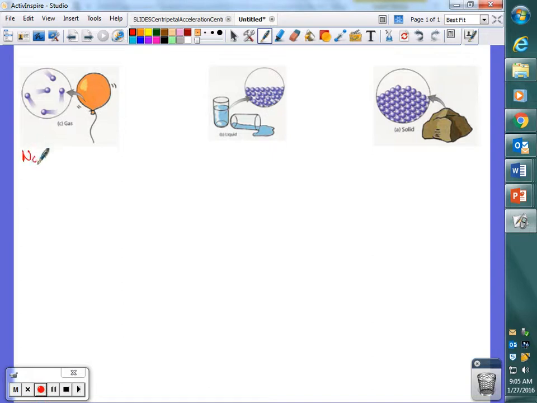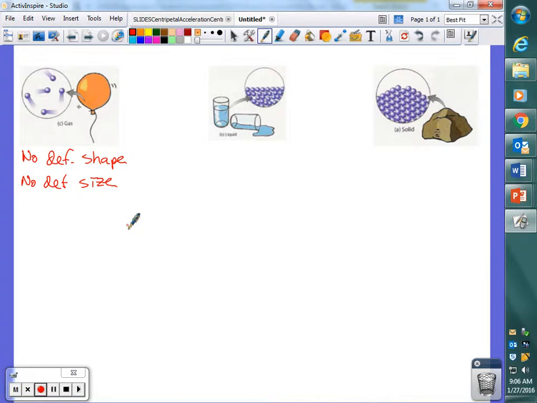Sometimes we abbreviate that as no definite shape. If we put them in a bigger container, Eric, what will they do? They'll fill that container. So they have no definite shape, but also no definite size. They'll fill whatever container they go into.